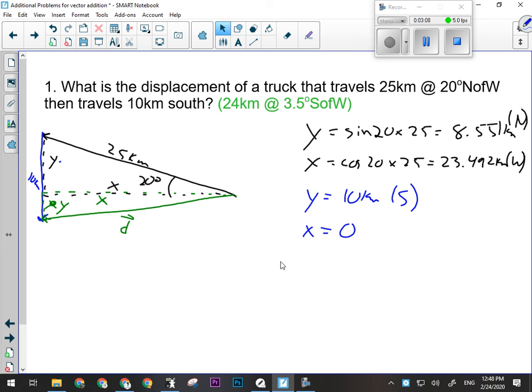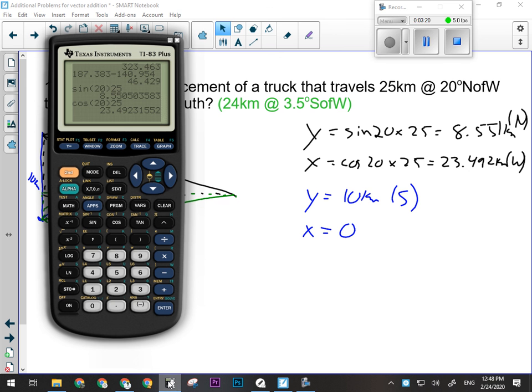So for calculating our resultant y and x, our resultant y is going to be 10 minus 8.55, which gives 1.449 kilometers south.